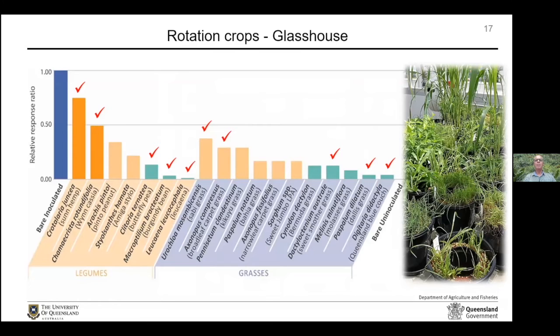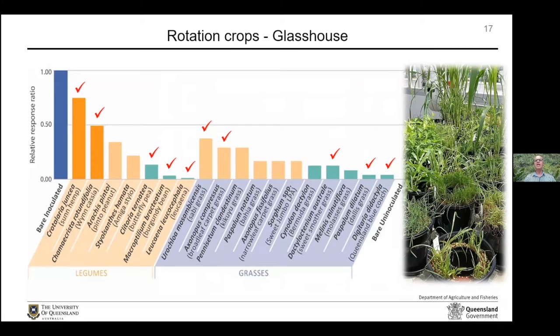In Australia, we're more likely to use pasture species as rotation crops and incorporate them as organic green manures. So some work Wayne O'Neill did, one of my colleagues, was to compare legumes and grasses and different species and cultivars to bananas.